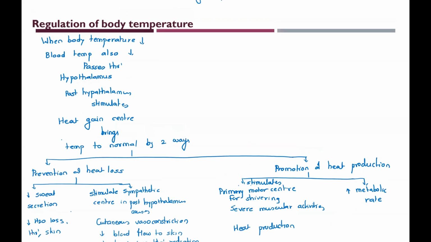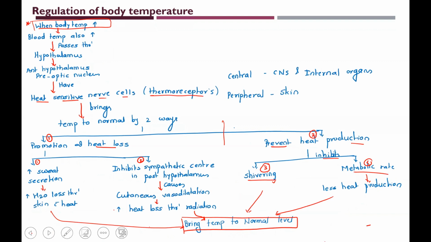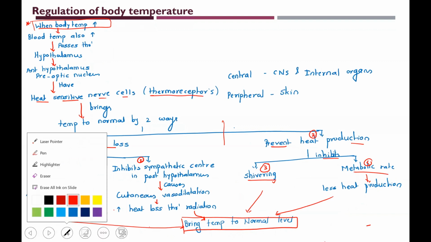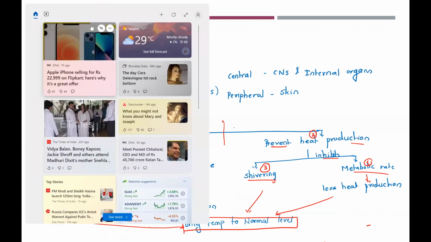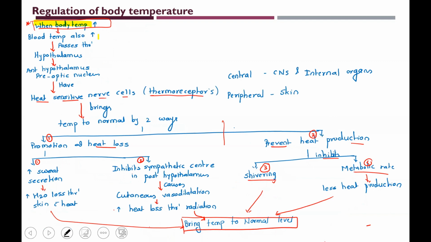Let me explain this once again. Okay, when the body temperature increases, blood temperature also increases. And when this blood passes to the anterior hypothalamic nucleus, especially the preoptic nucleus, which has the heat sensitive receptors like thermoreceptors.